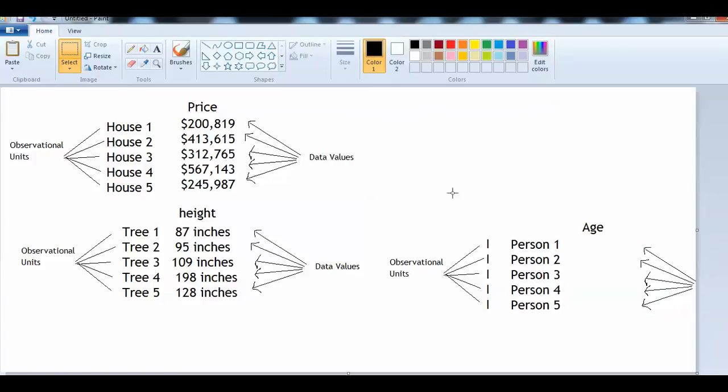Person 1 through person 5. And maybe their ages are 25, 32, 47, 62, and 23.